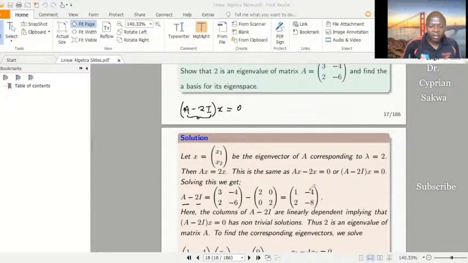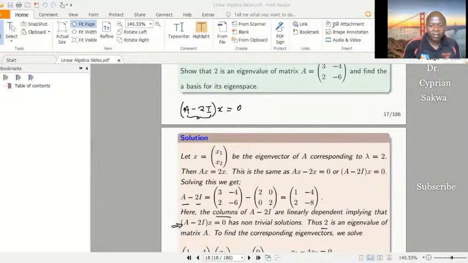That means these columns are linearly dependent, and therefore this equation has solutions. So 2 is an eigenvalue of matrix A.